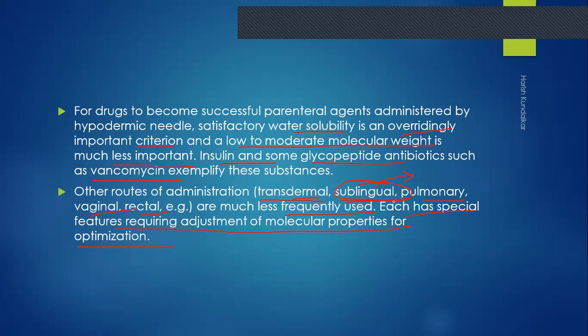So if we talk of onset of drug action, sublingual is equivalent to injectable. For instance, if a person is unconscious in an emergency, that person needs to be injected. But if the person is conscious and there is an emergency, then instead of resorting to the parenteral route, even the sublingual route can be used. Sublingual means the part below the tongue.